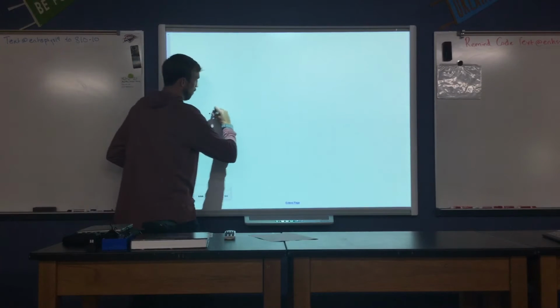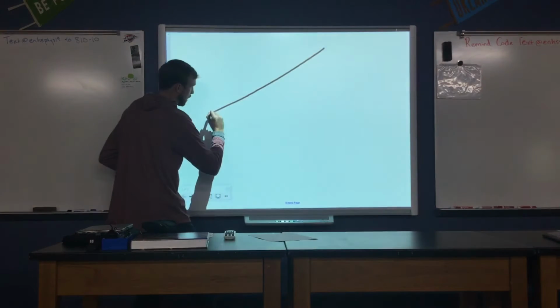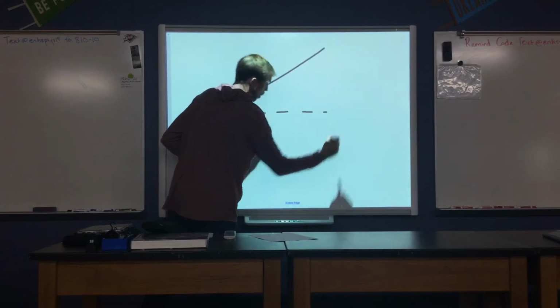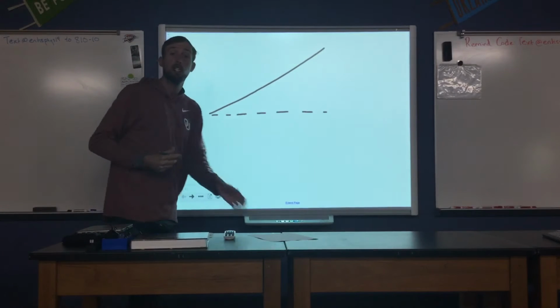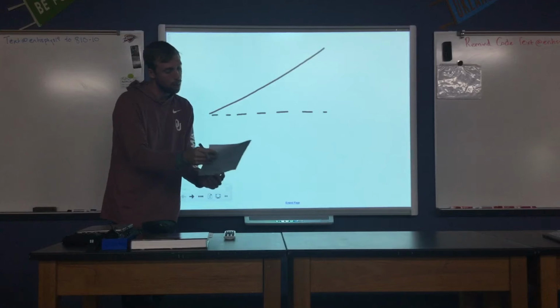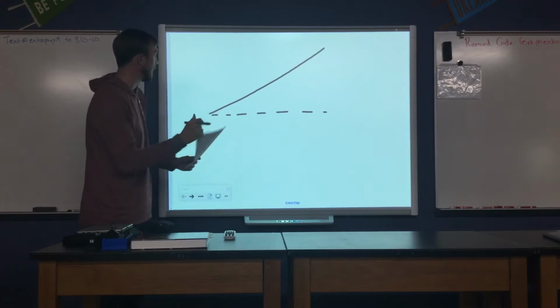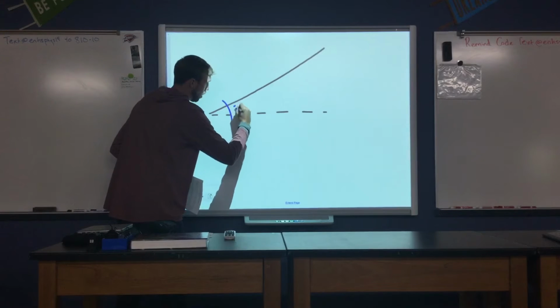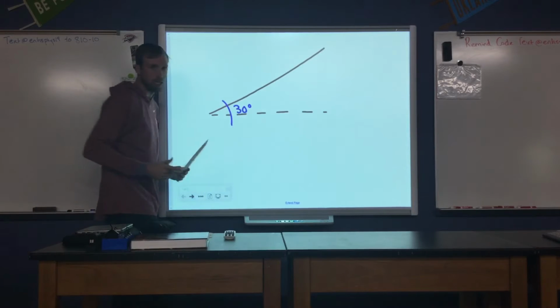Here we have an object on an inclined plane, and today that object is a car. We are given some information about the incline itself. We're told we are looking at a hill with an angle of elevation of 30 degrees.